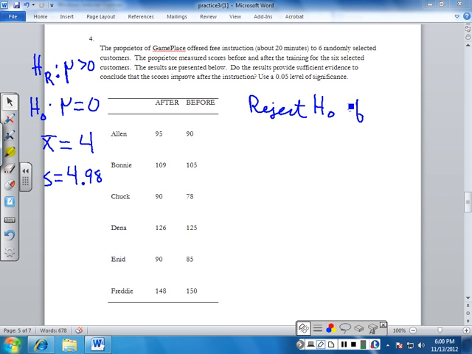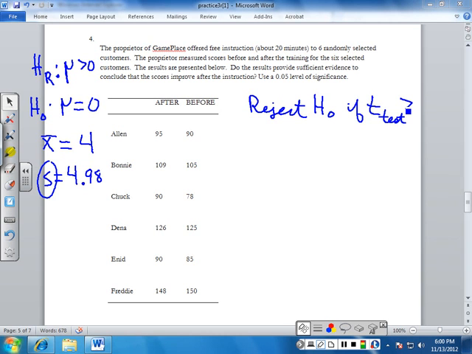If it's a t-test because we have a sample standard deviation. A problem could say it's a sample standard deviation, or in this case, we calculated the standard deviation from a sample. If you have a sample standard deviation, it's a t-test, go the same direction as HR.